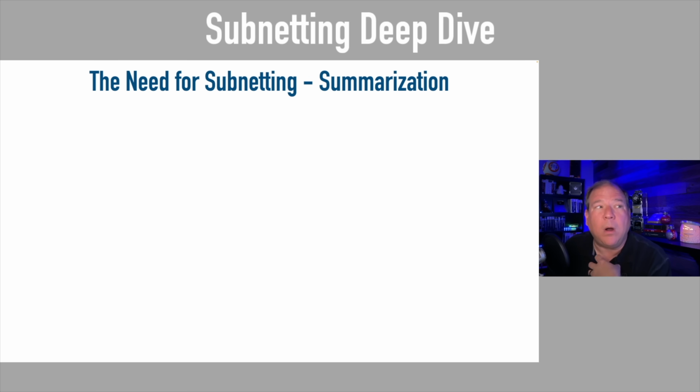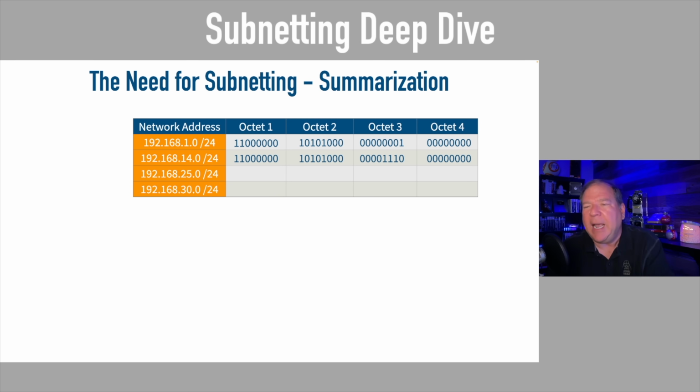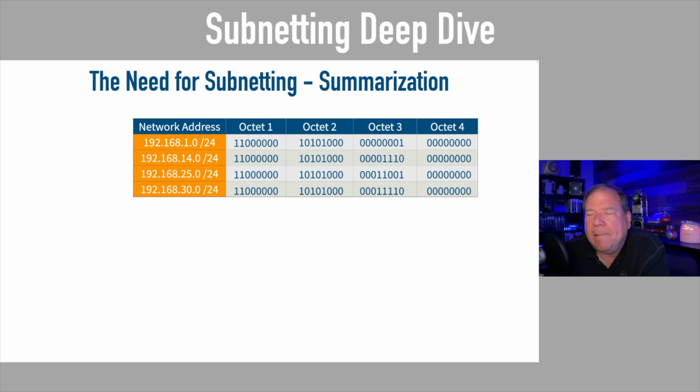Maybe we are a service provider or we're dealing with a large enterprise network with lots of routes. Instead of maintaining all of these individual routes in my routing table, I know four networks is not a lot, but just as an example, instead of sending out 4 separate advertisements to my neighbor, I could look at these 4 networks that I'm trying to advertise and say they have a lot in common.